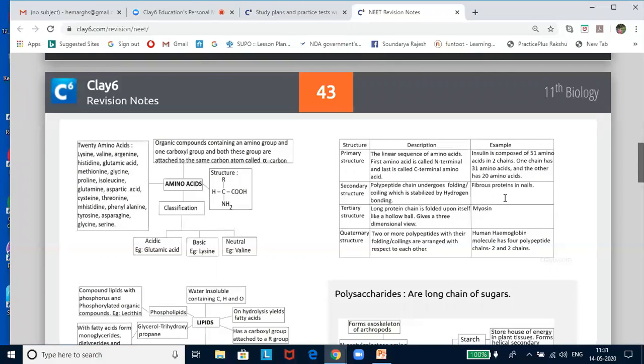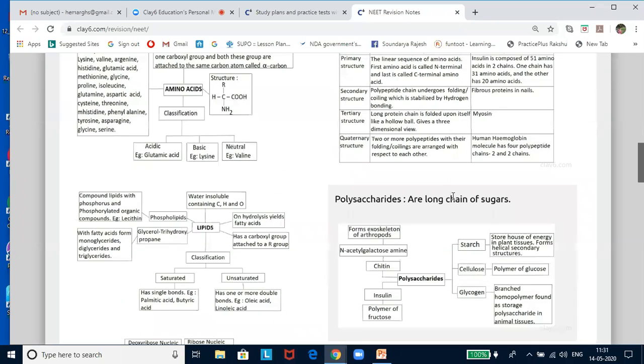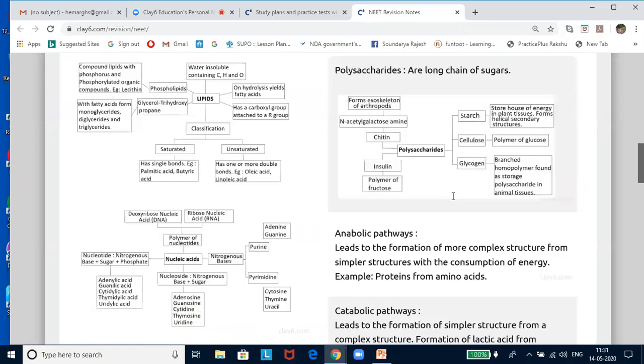A variety of interactions are seen here also, such as hydrogen bonds, salt bridges, and disulfide bonds, as they hold various chains in a particular geometry. There are two major kinds of proteins of quaternary structures, namely fibrous proteins and globular proteins. Fibrous proteins, examples: keratin, silk proteins. Globular proteins, examples: insulin, hemoglobin, and most enzymes. So, this is about the proteins.